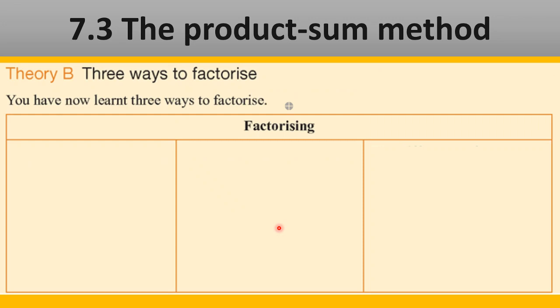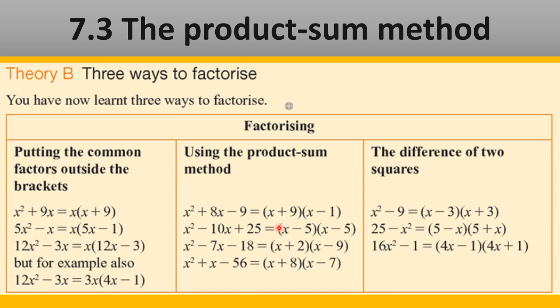So now you have learned 3 ways to factorize. We know putting the common factors outside of the brackets, where you find the common factors in the two terms and put those in front of the brackets.